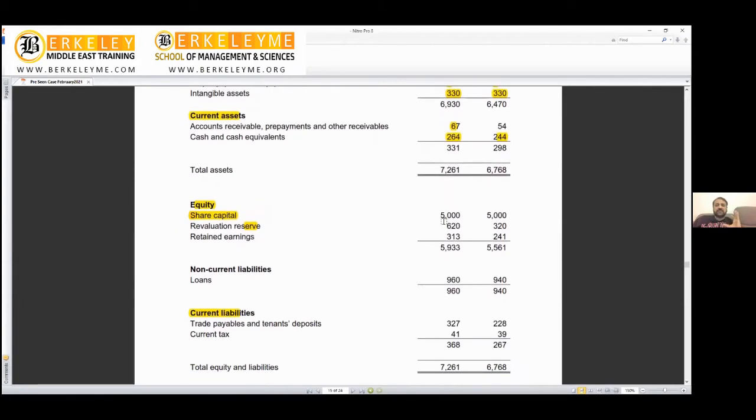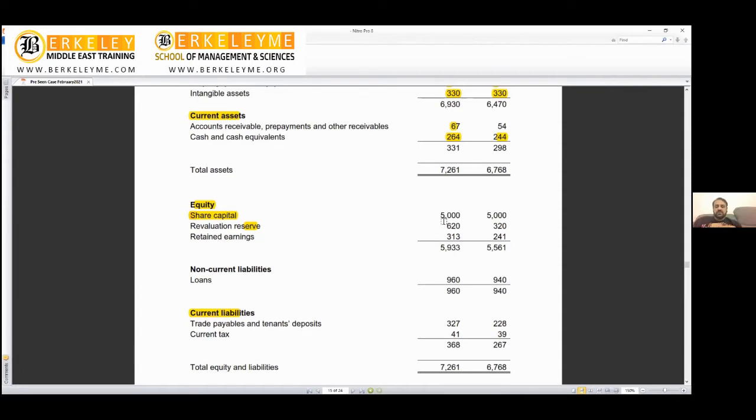You know what is reserve? Reserve is a provision that you create in advance. For example, if I feel my company assets are old and I have to buy a new asset, first I will keep a reserve out of profit, that this will go as a fixed asset replacement reserve.